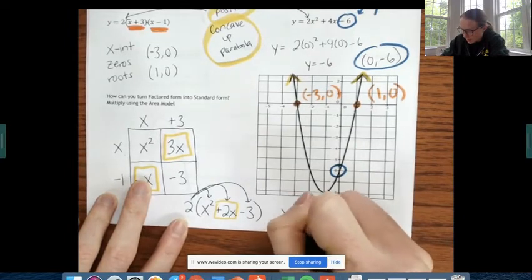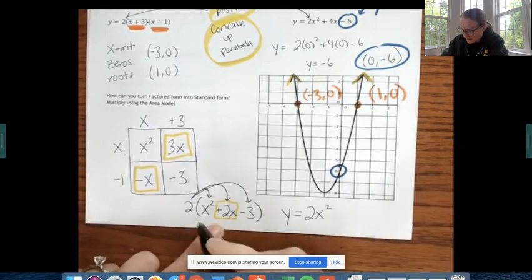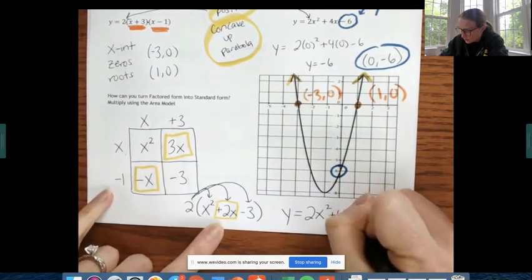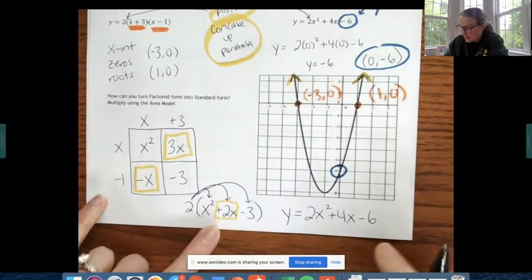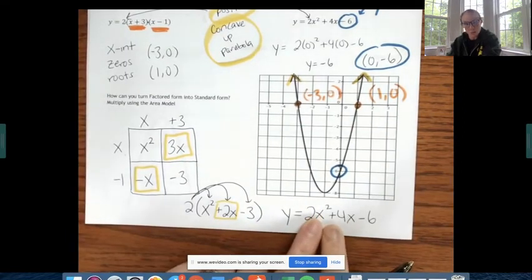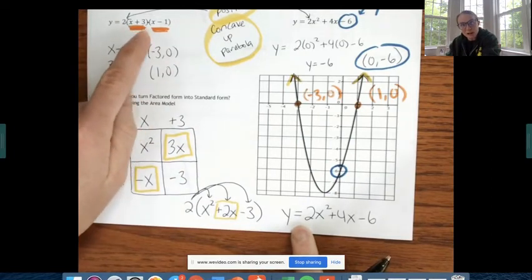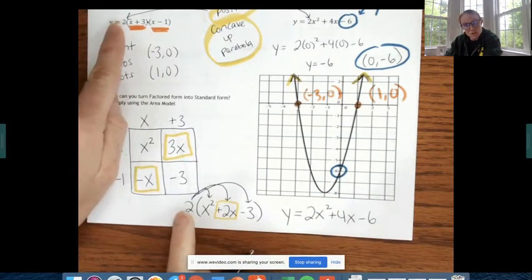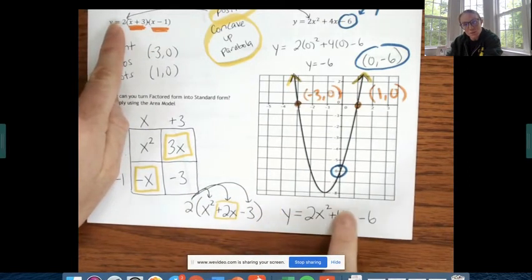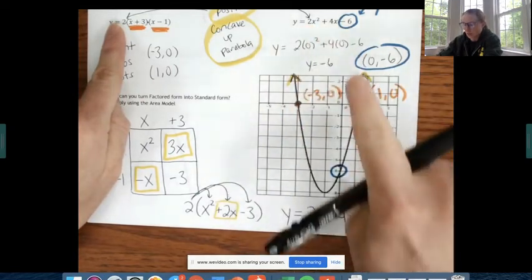So I get y equals 2 times x squared gives you 2x squared. 2 times 2x gives you 4x. And 2 times negative 3 gives you negative 6. Now we can see that these are equivalent. I took my factored form, I multiplied these factors, then distributed the 2. And what I got was my standard form. These are equivalent.